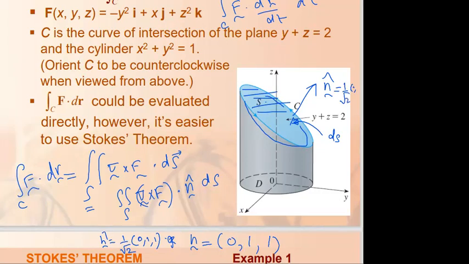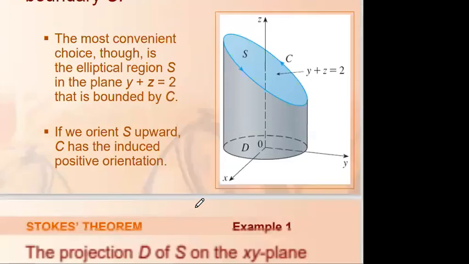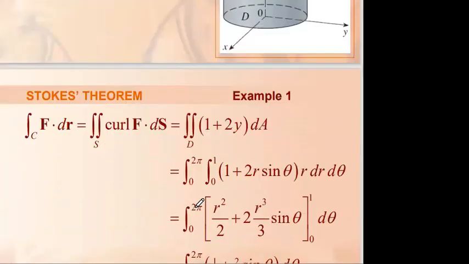I don't have space to write. Okay, 1 over square root 2 times (0, 1, 1). We found the unit normal. Now let's take the dot product.